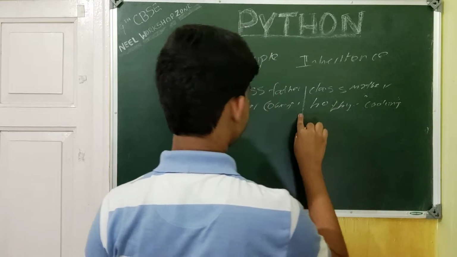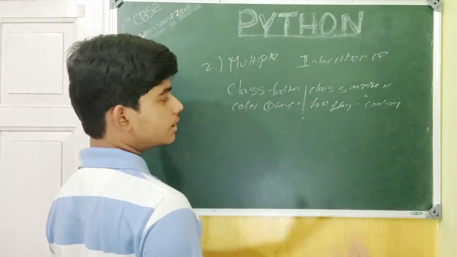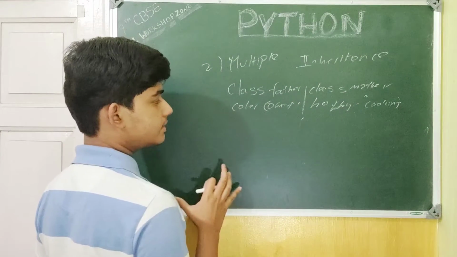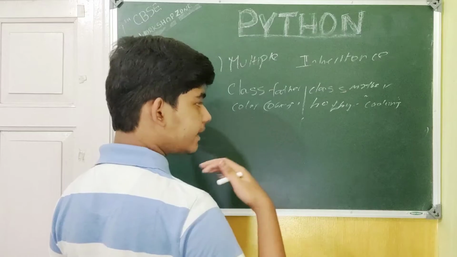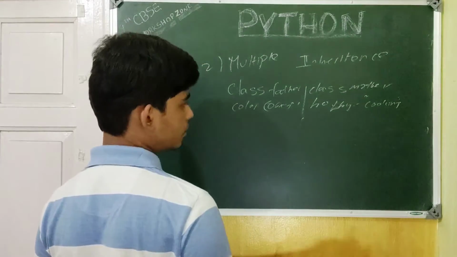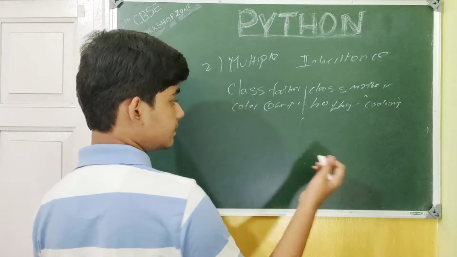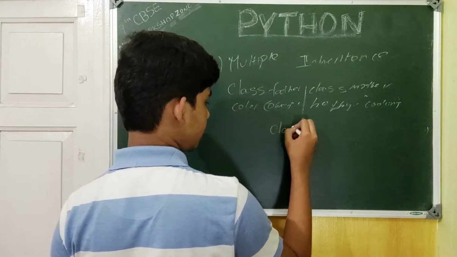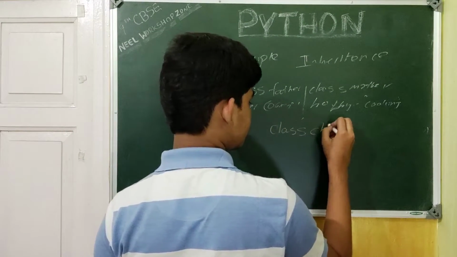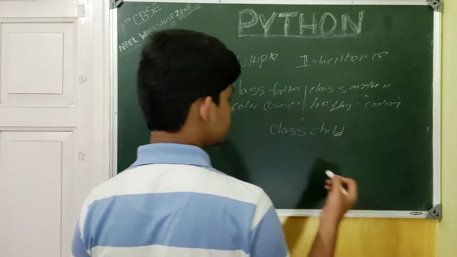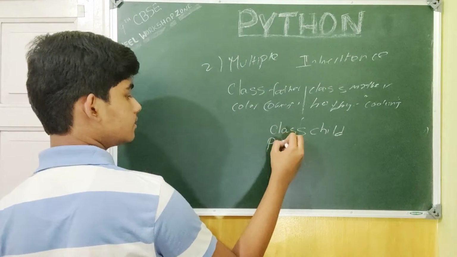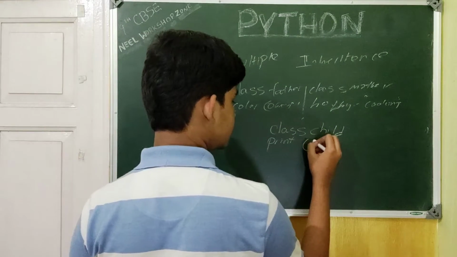Sorry for the handwriting, mother. So now we wrote two classes, in one class the color is color and in the other class it's cooking. So what you can do is you can basically use another class, which is the child class, class child, and you can write down something like print in brackets mother.